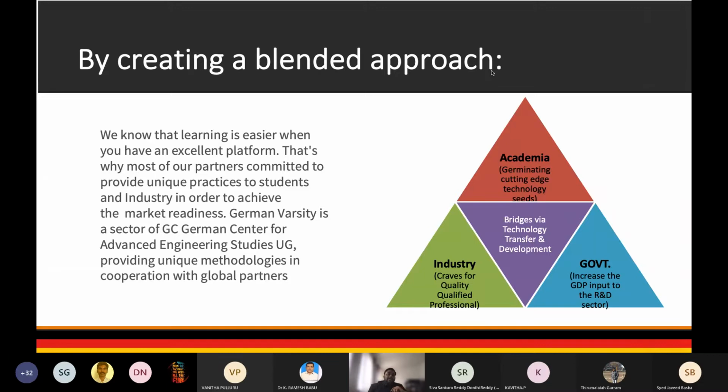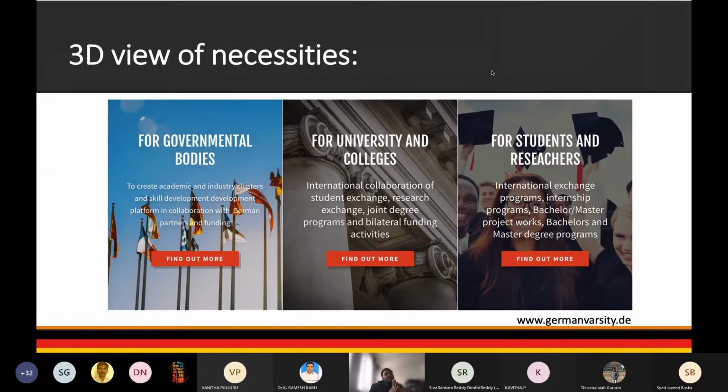In our practices, we also observe the 3D view of necessities from the policymakers, the executors, and also students and researchers. This 3D view gives technology enthusiasts and change makers a chance to understand how things can be linked to one another and achieve more results.